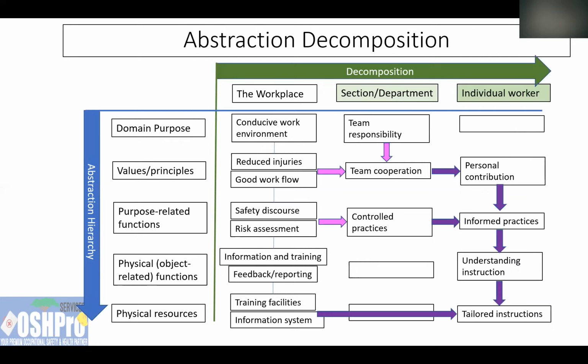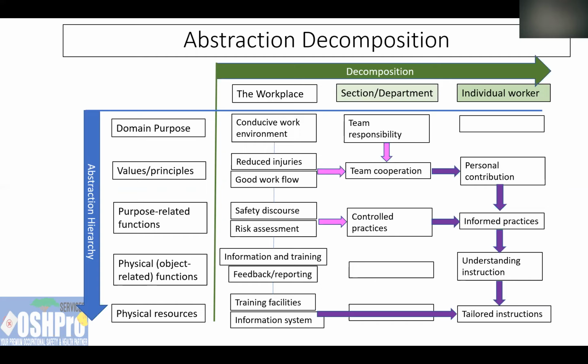Then you have to look at the individual worker. How does the individual worker have to contribute? They must have a personal contribution to the safety work you are doing. Otherwise, if they don't have a personal contribution, things might not work for the entire department.